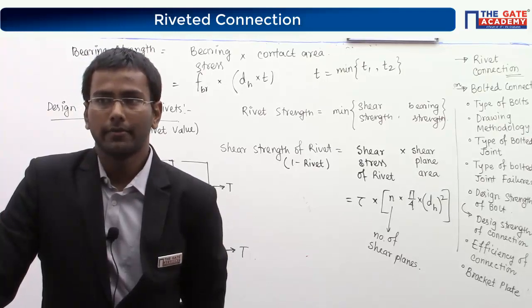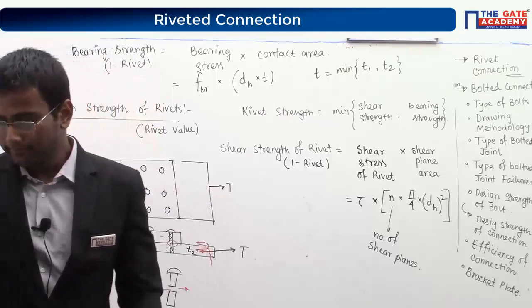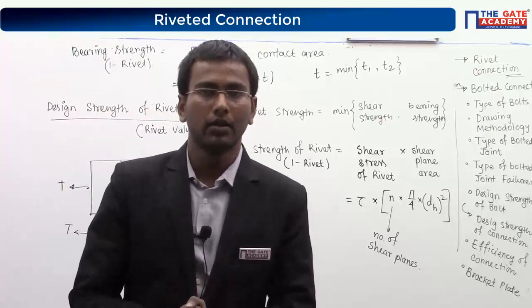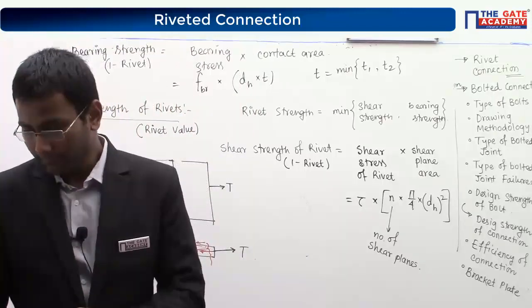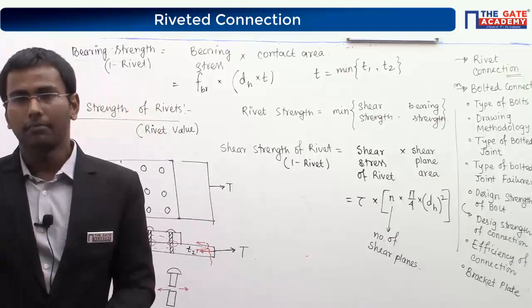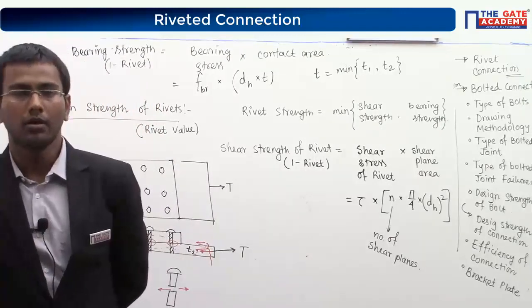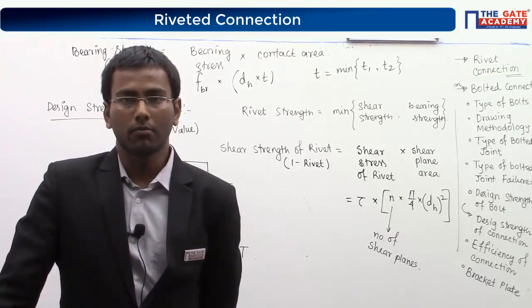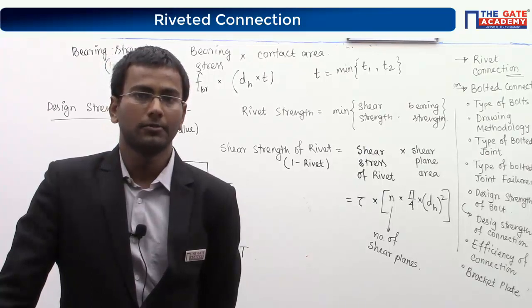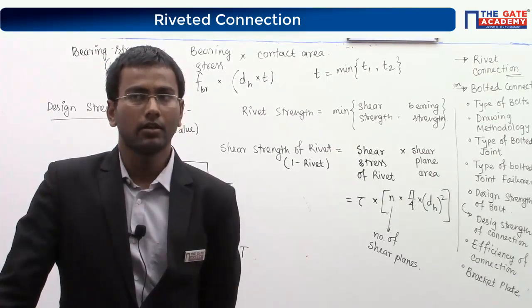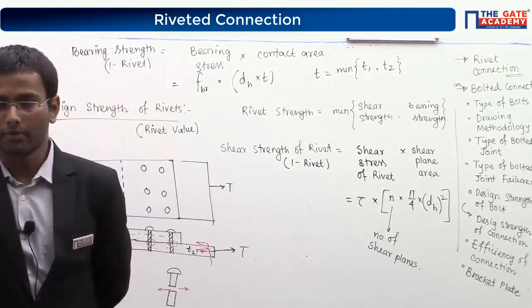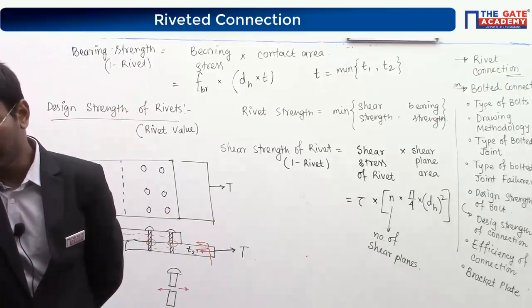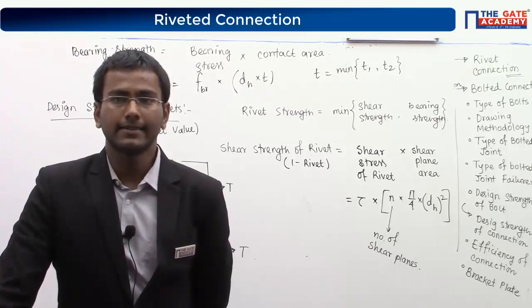are jointed by 16 mm power driven rivet, in bracket diameter equal to 16 mm, full stop.